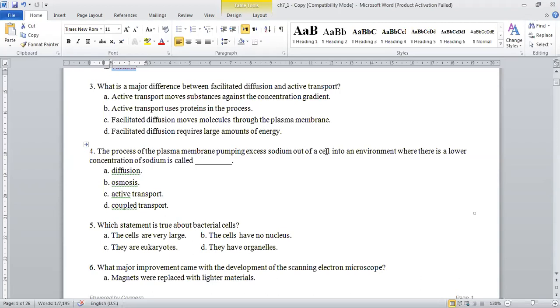Because I think active transport moves substances against the concentration gradient. B. Active transport uses proteins in the process. Does diffusion use protein in the process? I don't think so. C. Facilitated diffusion moves molecules through the plasma membrane. D. Facilitated diffusion requires a large amount of energy.